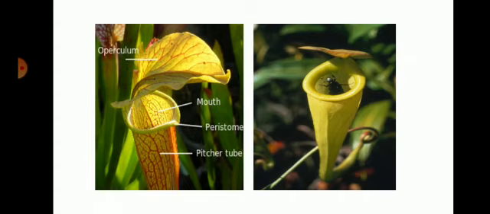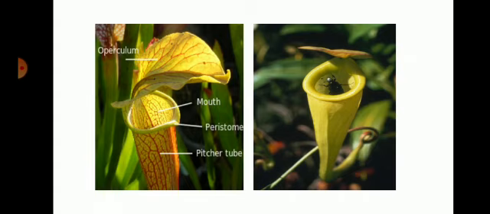The apex of the leaf forms a lid that can open and close the mouth of the pitcher. There are hairs inside the pitcher which are used to entangle the insect. When an insect comes in contact with the lid, it gets closed and traps the insect.